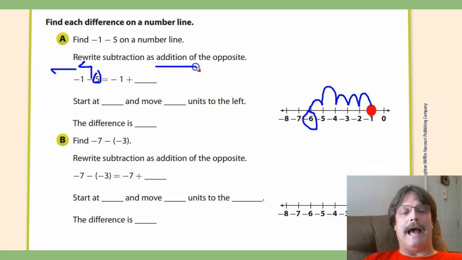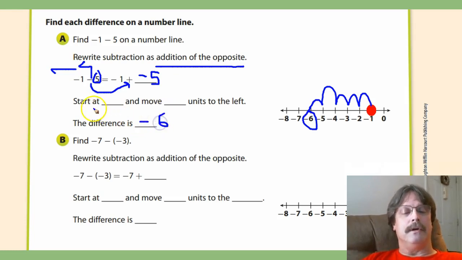But they're doing the add the opposite, or the additive inverse. So if you notice, they take the subtraction sign, and that becomes an addition, and they take the positive 5, and that becomes a negative 5. Okay? So if you remember from the other lesson, a negative plus a negative, our sign is going to be the same, and this is going to be negative 6.